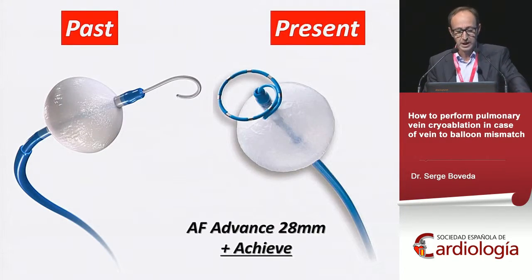Of course you do. So one thing that I believe is extremely important, we are speaking about the new generation balloon. Of course, the advanced 28 millimeter balloon, it's no doubt much more powerful than the previous one. It works extremely well. But I believe that the most important evolution is that now we are not working like hemodynamists.